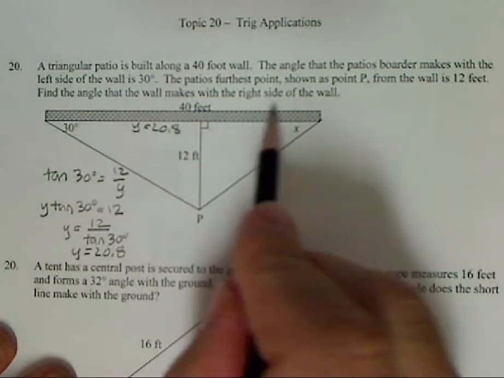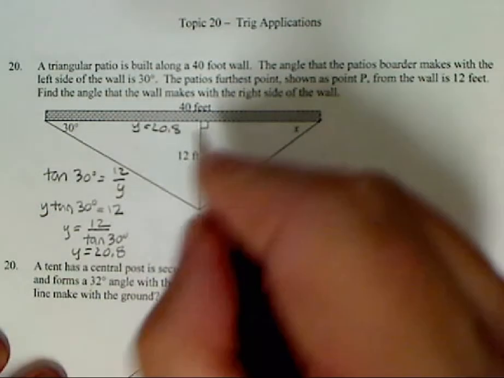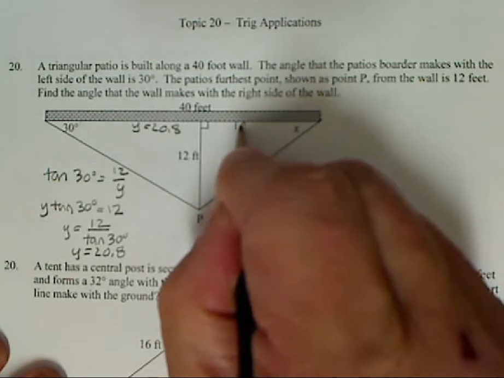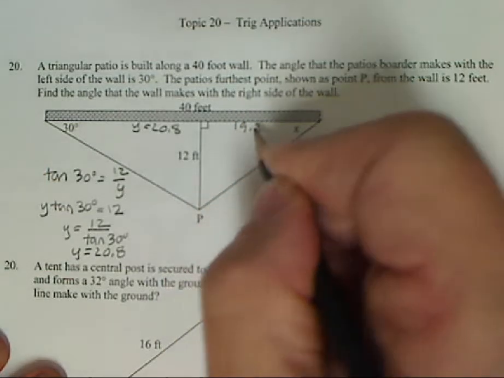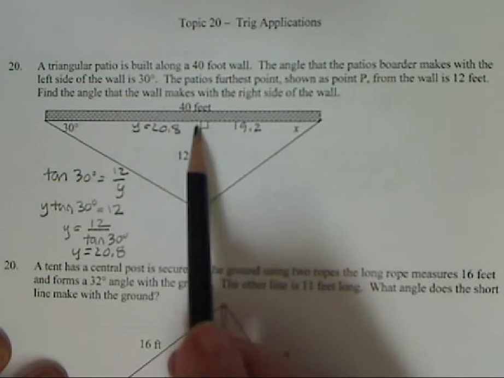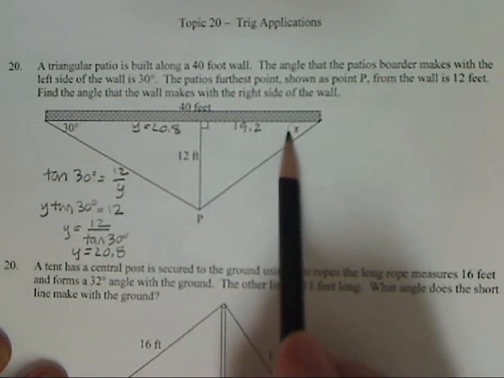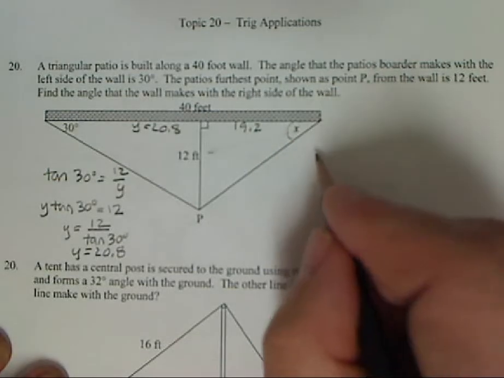Well, if the whole length is 40, if I subtract that from 40, I'm going to get 19.2. Now I've got two sides of my triangle. I've got this side and I've got this side. Again, when I look at my reference angle, which is x, it's opposite and adjacent. So I'm going to use tangent.